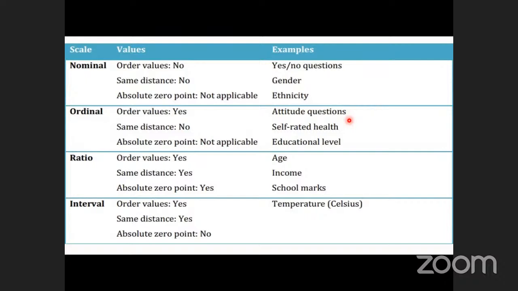Who said age is only measured in terms of years? 0 year means you are not existing. So there is no existence of that particular thing. Do you get it? 0 is significant only in ratio, where 0 is not arbitrary, but under interval 0 still makes meaning.